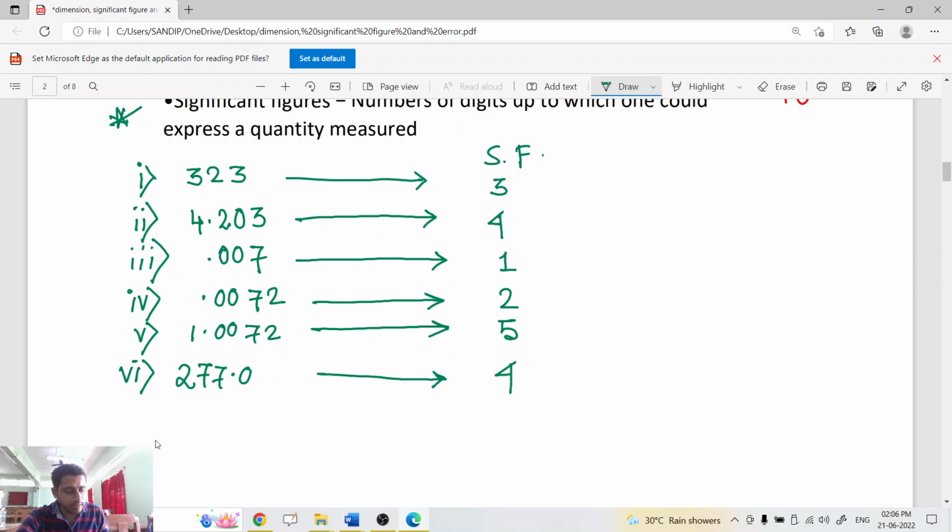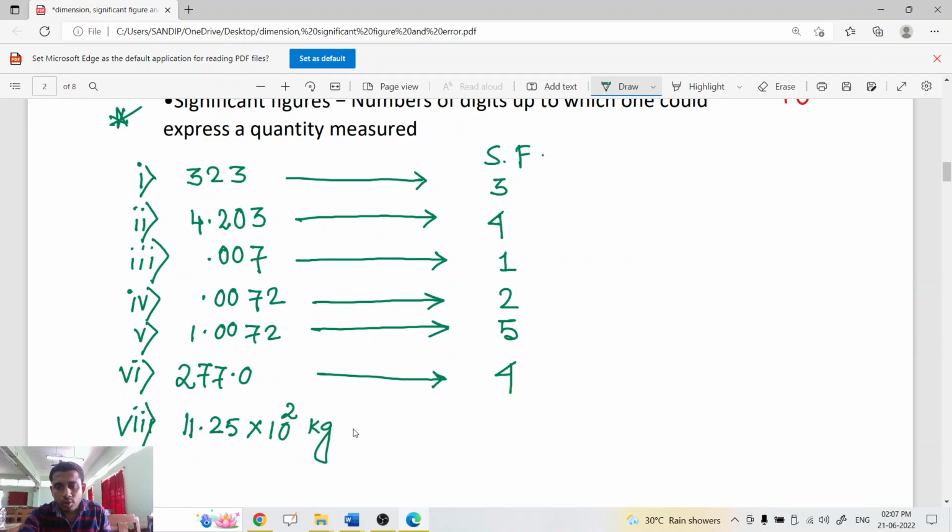And the other thing is, if some power is involved, then we count only the leading digits. Suppose here we take 11.25 into 10 to the power 2 kg.